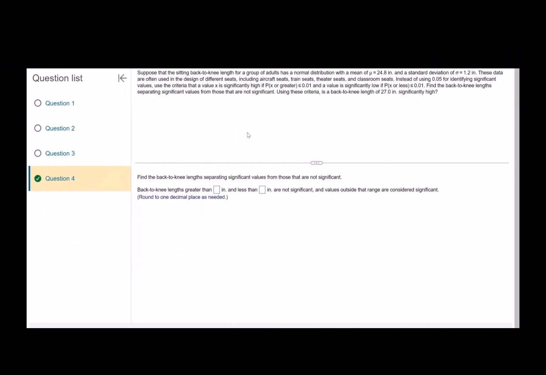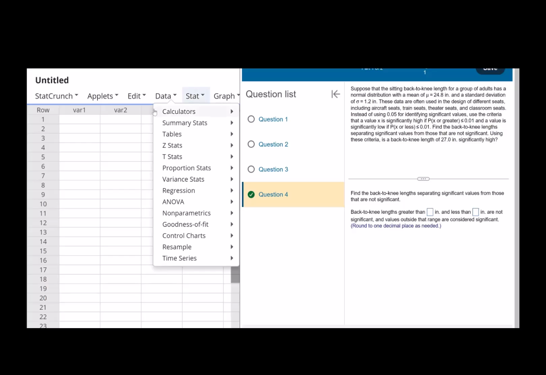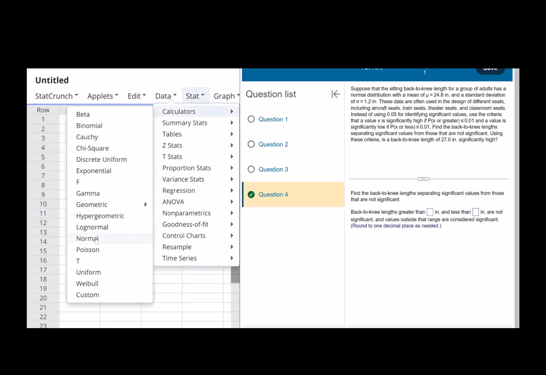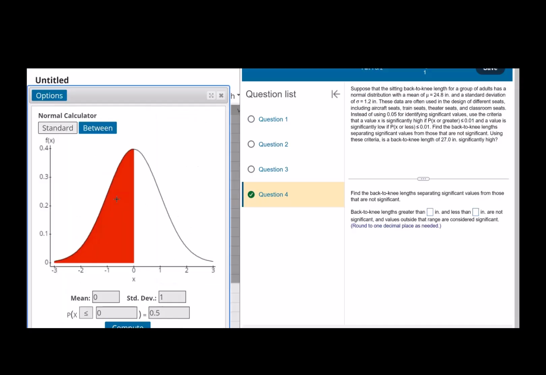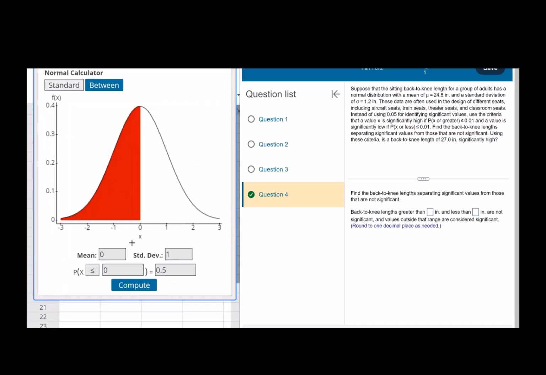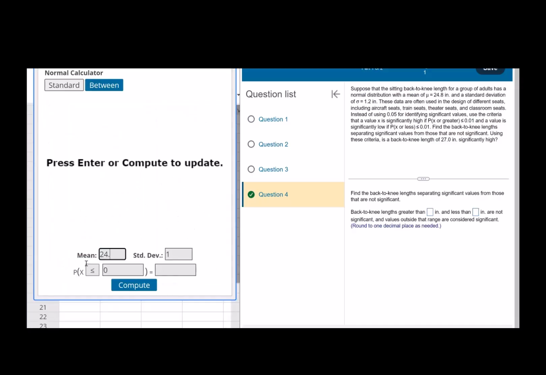I pulled up another of the same question because I wanted to show you another way you could do this. It'll have different numbers. I'm going to go to Stat, Calculators, Normal because this has a normal distribution. We have a mean of 24.8 and a standard deviation of 1.2.